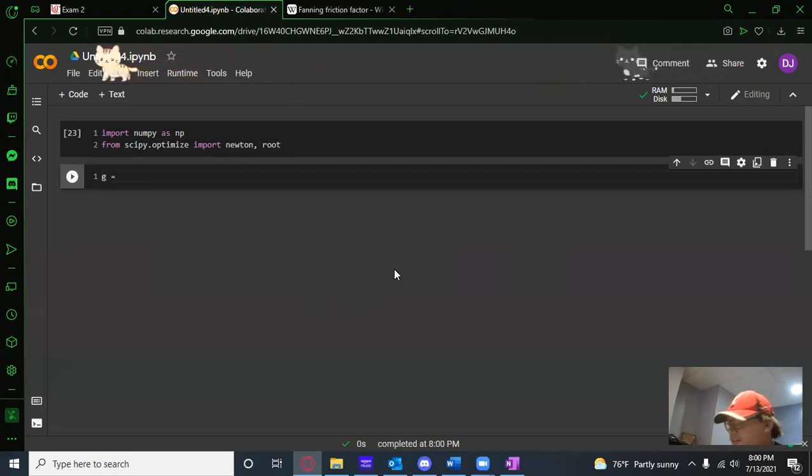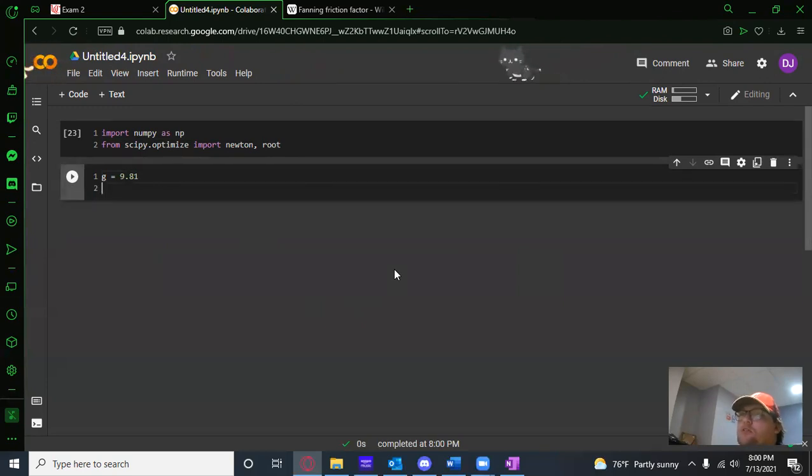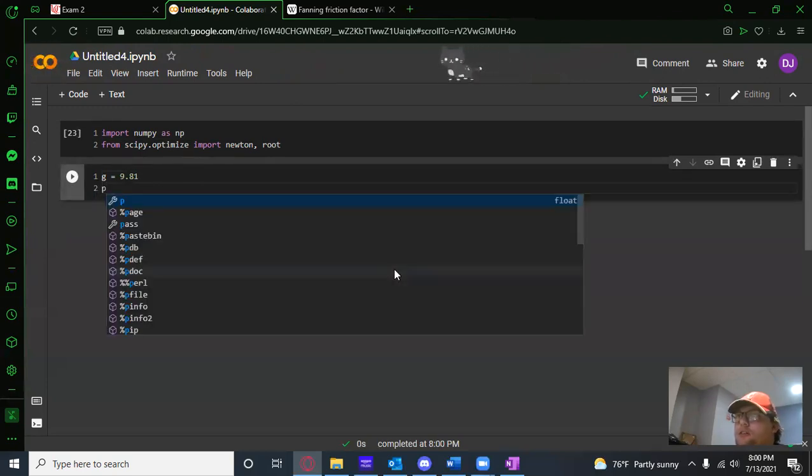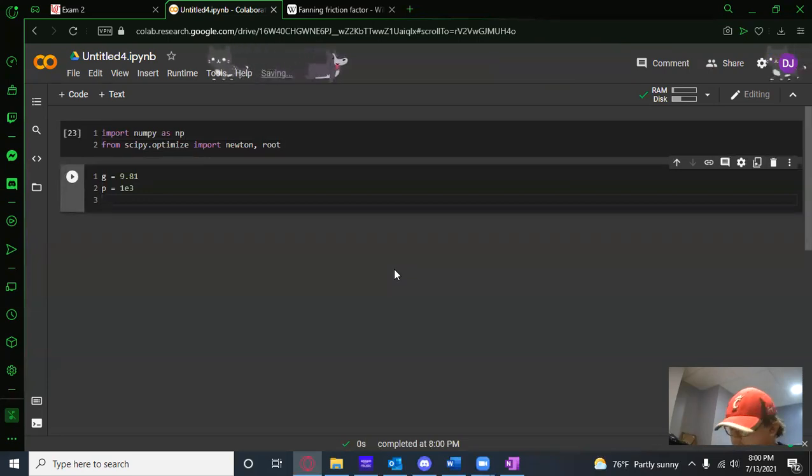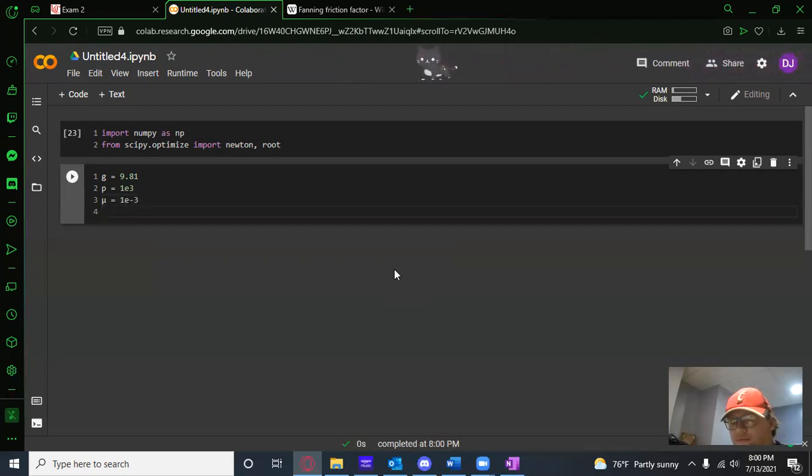So next thing we're going to do is import all our constants. So gravity is 9.81. The density of our fluid is 1,000 kilograms per meter cubed, so basically just water. Our viscosity is 1e-3 Pascal seconds.